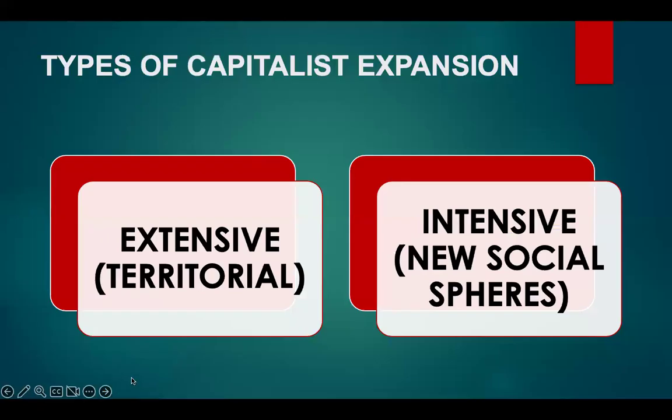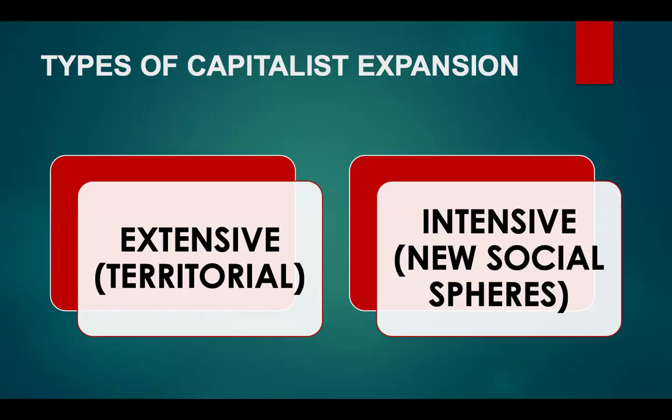Another thing I would like to talk about in this lecture is extensive and intensive capital's expansion. This is in your exam also. Capital's expansion occurs in two primary ways, extensive and intensive.